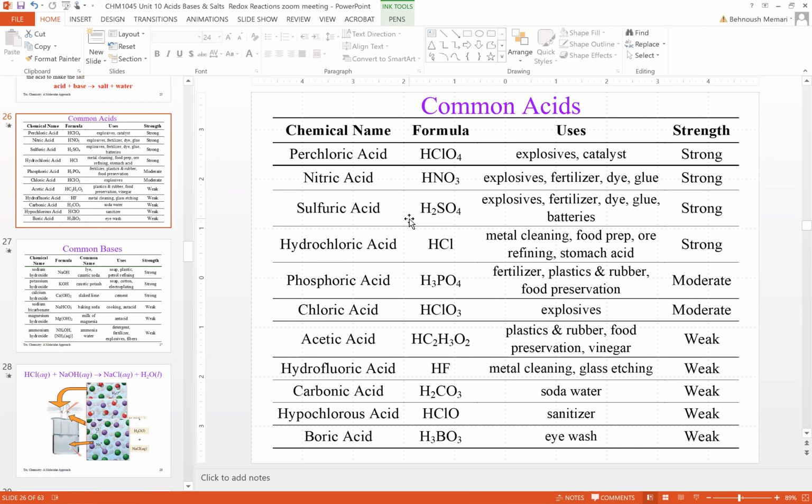Hydrobromic acid is strong. Hydroiodic acid also is a strong acid. So if you want to add to the list of strong acids, HBr and HI are also strong acids.